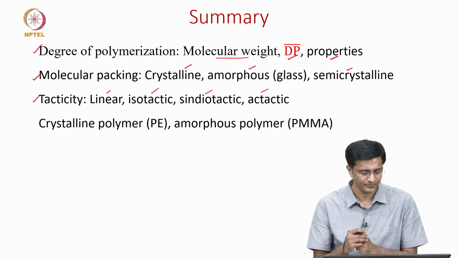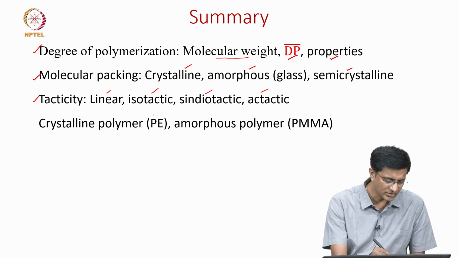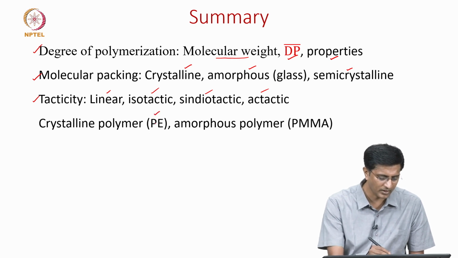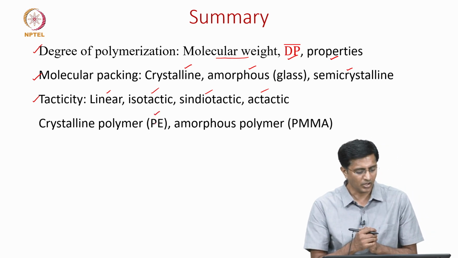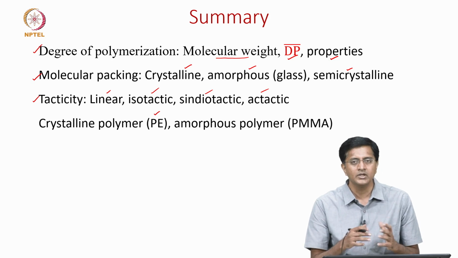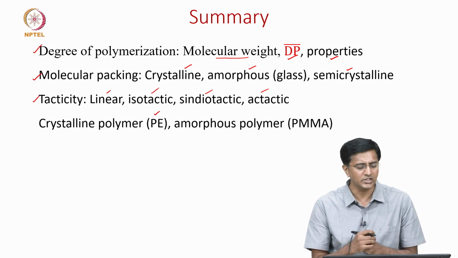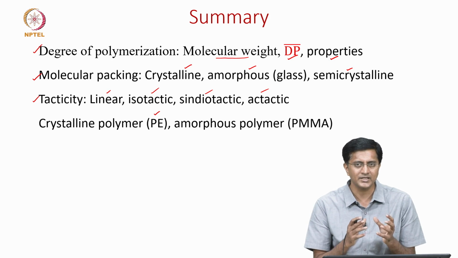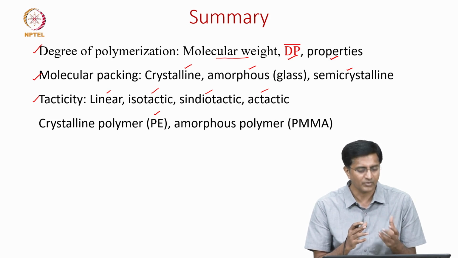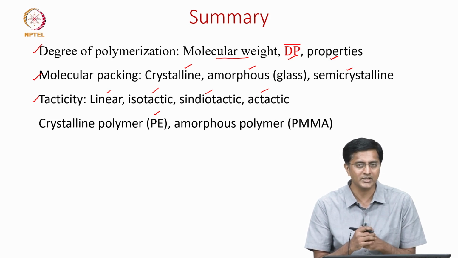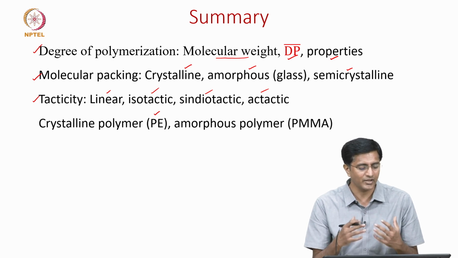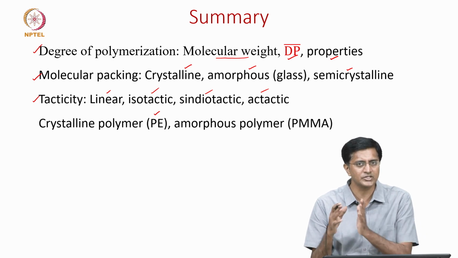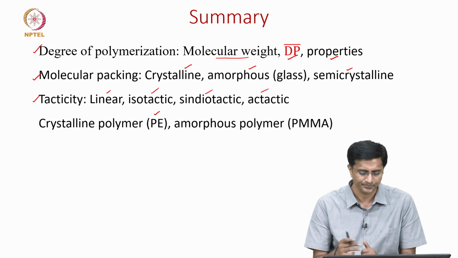Lastly, through examples, we saw how polyethylene forms a crystalline polymer. For low density polyethylene the crystallinity is usually around 50%, whereas for high density polyethylene we get a high fraction of crystallinity, but that too is limited to 80%.